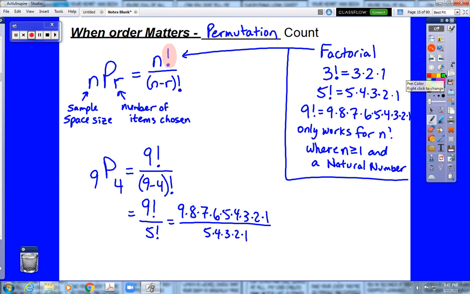Now, your calculator is going to carry out this actual calculation for you, but the 5 down would cancel, and we would actually end up doing 9 times 8 times 7 times 6 and getting 3,024.